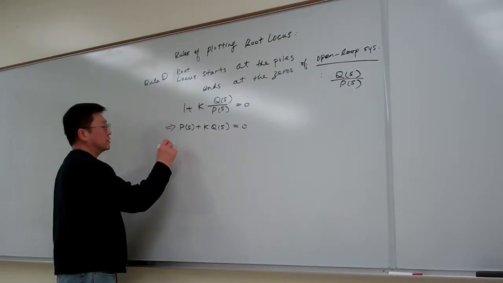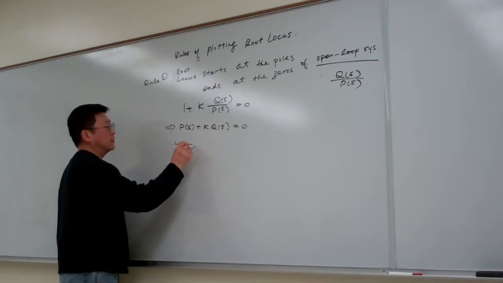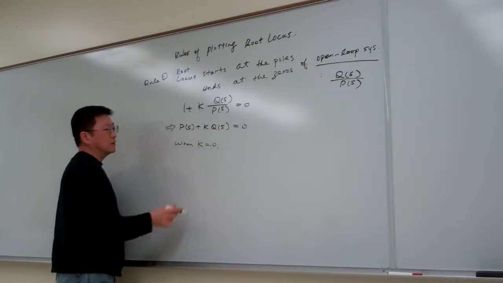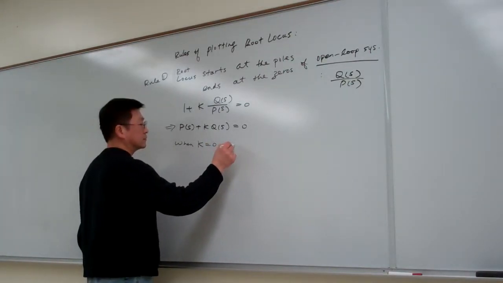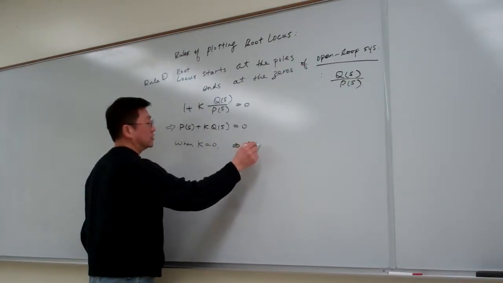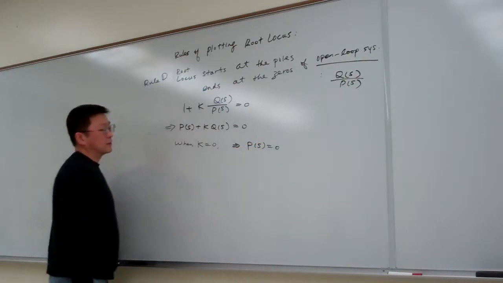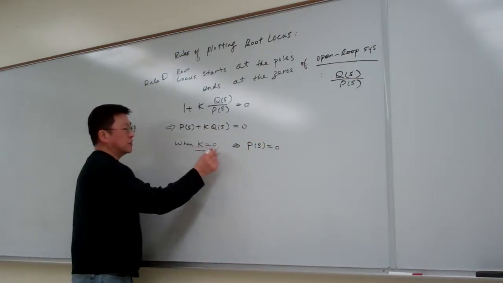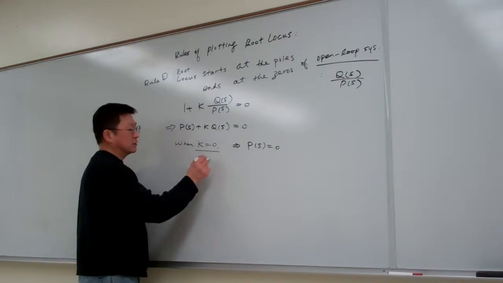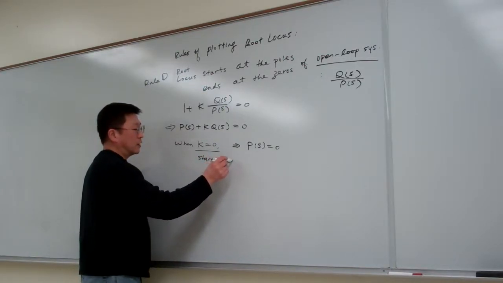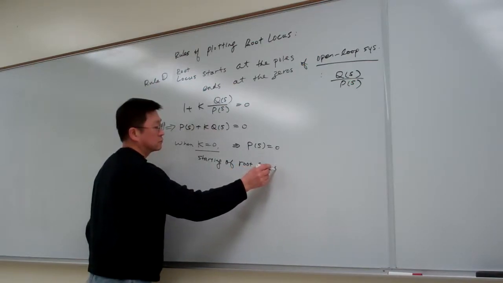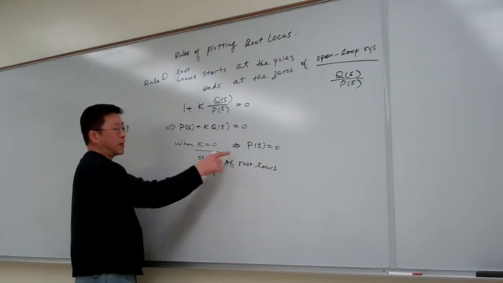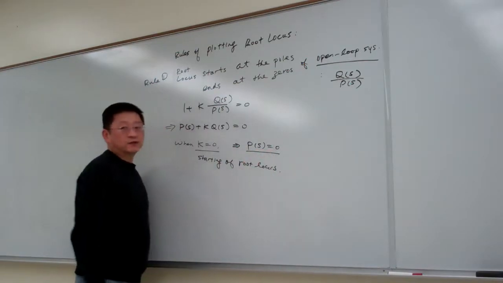You can see when K equals 0, the characteristic equation becomes P(S) equal to 0. So when K equals 0, that is the starting of the root locus.